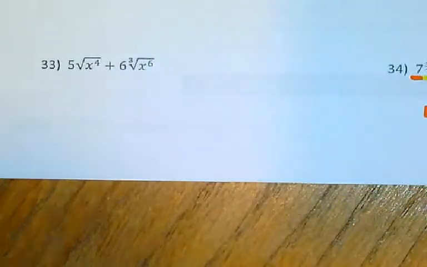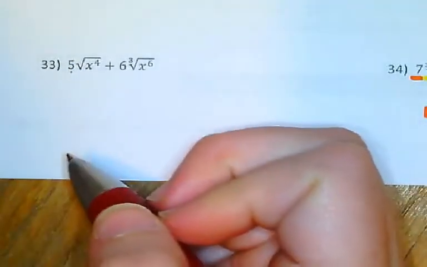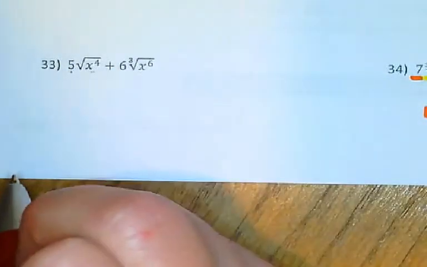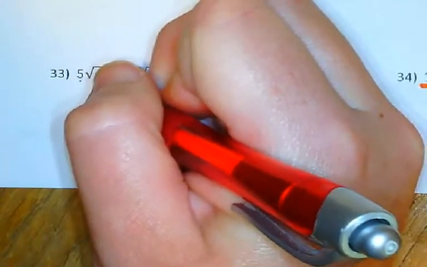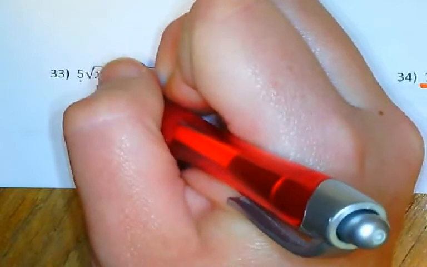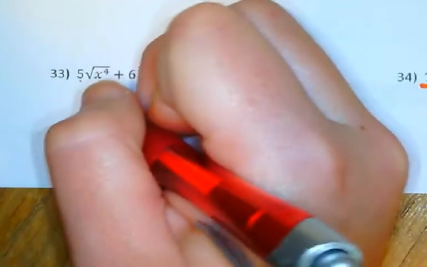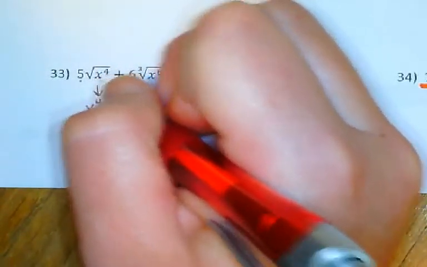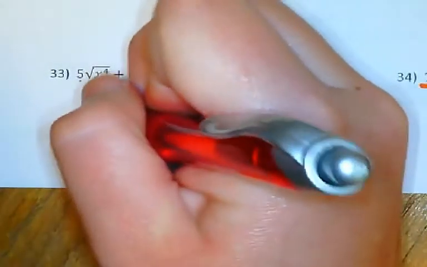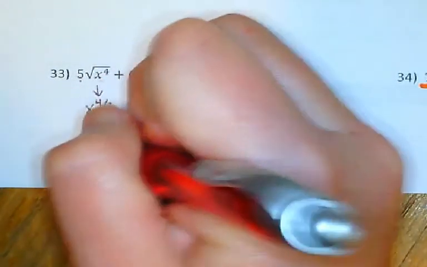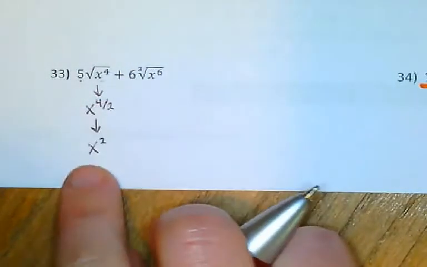This 5 we can't really do anything about, but this square root of x to the 4th, we can try to change that. This square root of x to the 4th is really x to the 4th over 2, right? And 4 over 2 is just 2. So that's really just 5x squared.